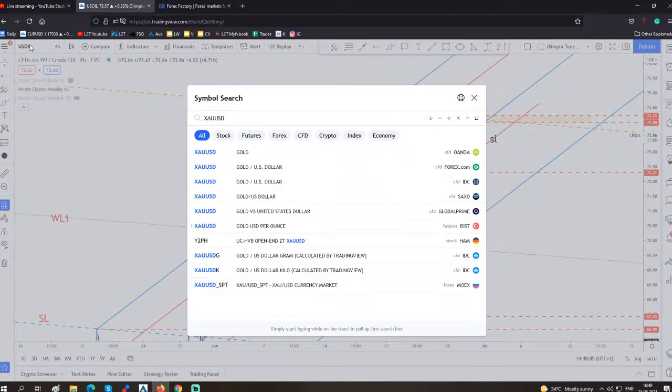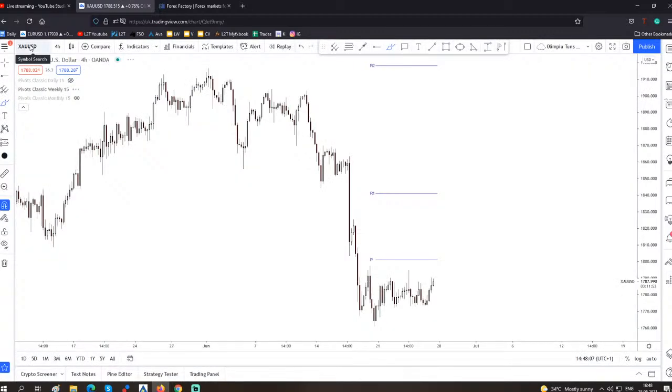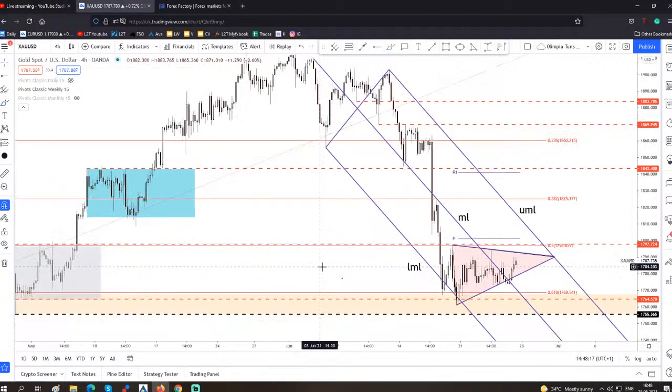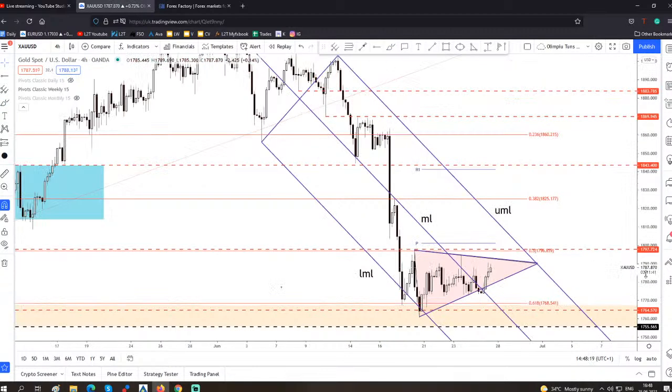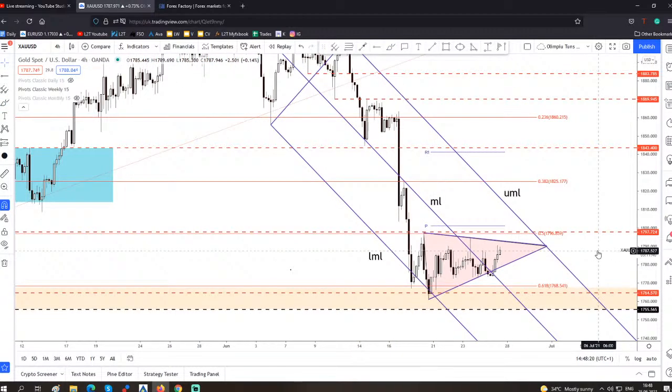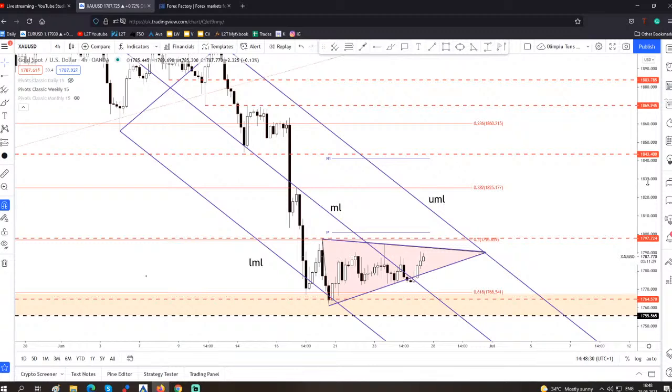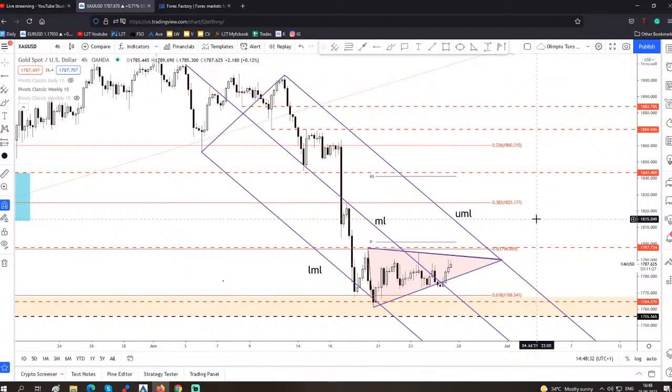Okay, gold. Gold moves sideways right now within a triangle. I've told you earlier, it is trapped within this symmetrical triangle pattern. But I've told you guys that a valid breakout above this upper medium line could bring us a new buying opportunity, a new long opportunity here in gold.